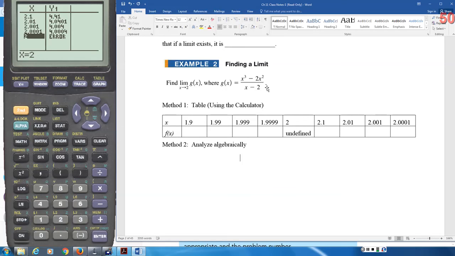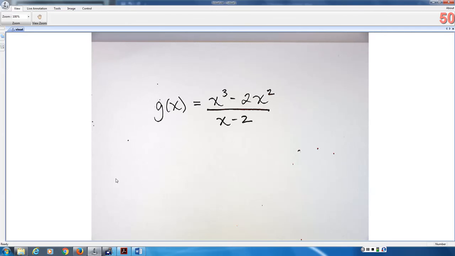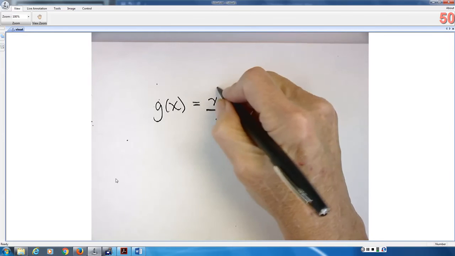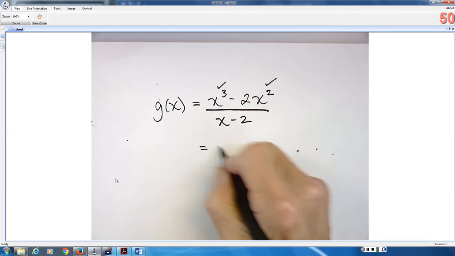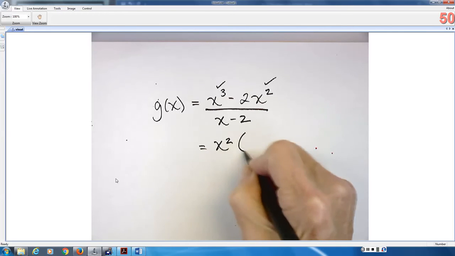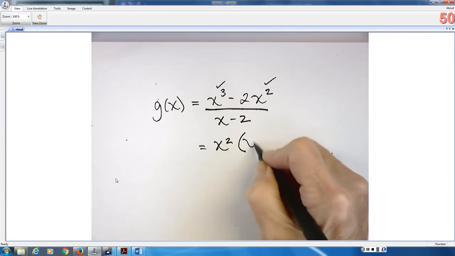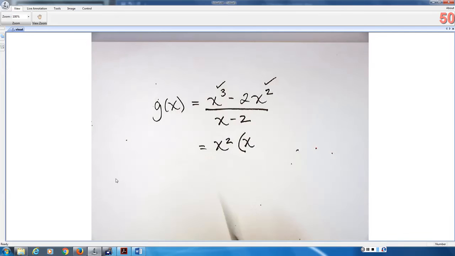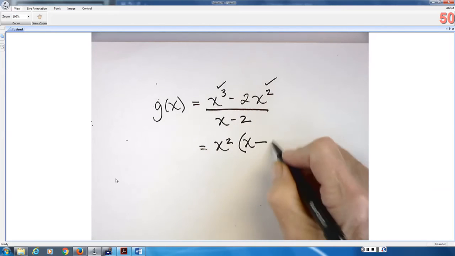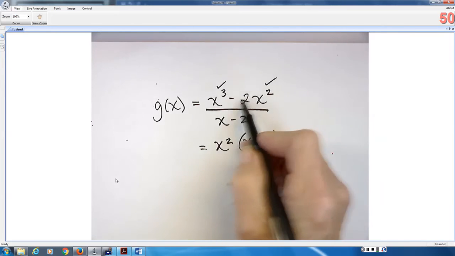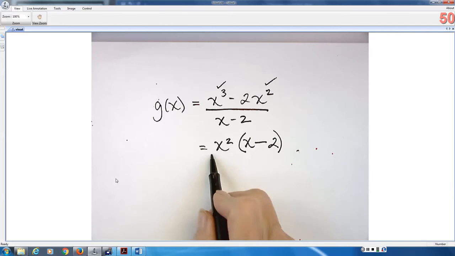Let's factor this. I see x cubed and x squared. The greatest common factor there is x squared. So x squared times x gives me x cubed, minus x squared times 2 gives me 2x squared. The denominator doesn't factor.